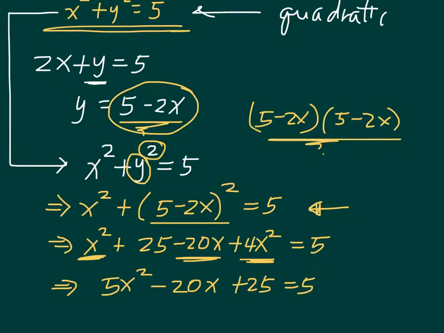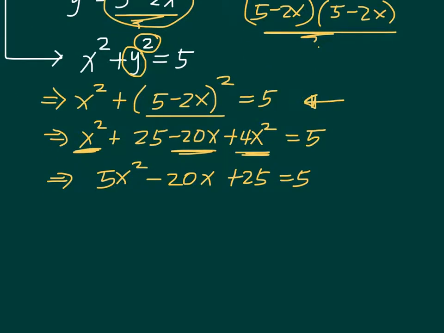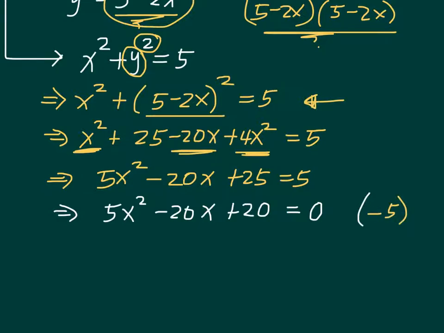Again, we can still make this equation simpler by subtracting 5 on both sides. So we have 5x squared minus 20x. If I subtract 5 on both sides, 25 will become 20 and 5 will become 0. This is after subtracting 5 on both sides.